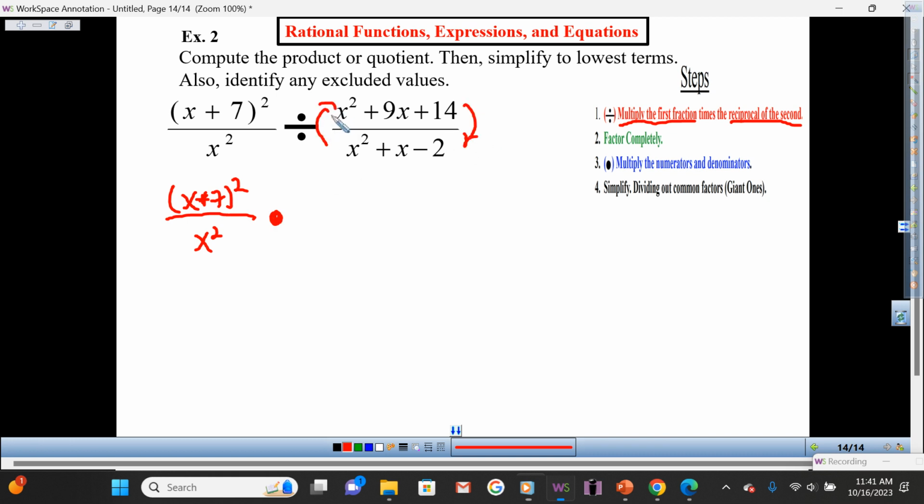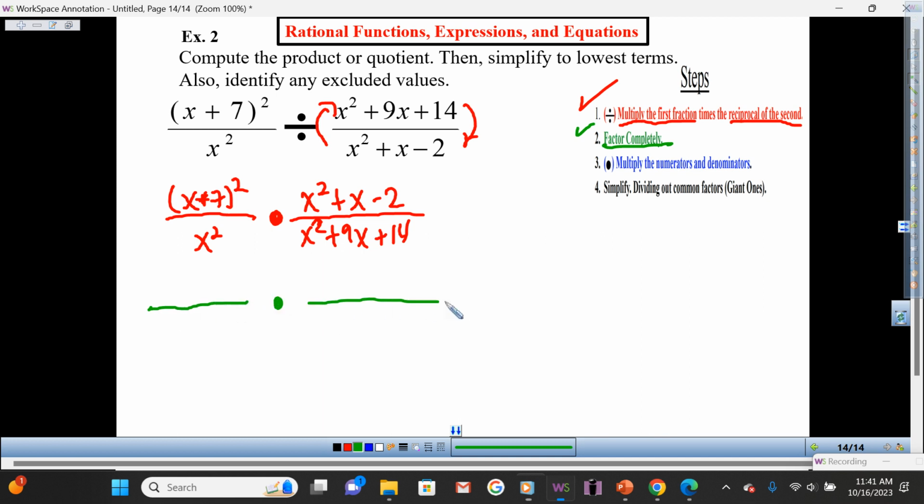Well, we just flip it: (x squared + x - 2) over (x squared + 9x + 14). All right. Step 1, done. Do we know what to do from there? Yes. Step 2, it says factor completely.